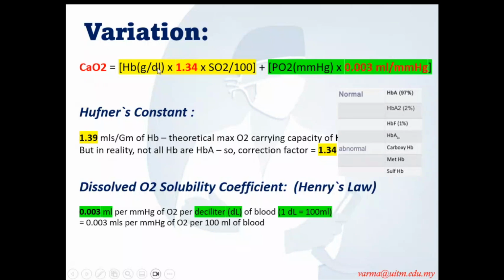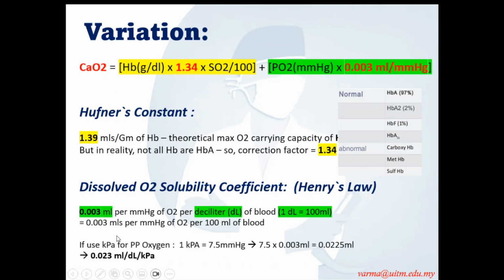Since we put hemoglobin per deciliter, we also use deciliter. 1 deciliter is 100 mL. So that's why we use deciliter. So 0.003 mL per millimeter mercury of oxygen per 100 mL of blood. So in 100 mL of blood, which has a certain millimeter mercury of partial pressure of oxygen, 0.003 mL can be dissolved. This value is the one mostly mentioned in many books.